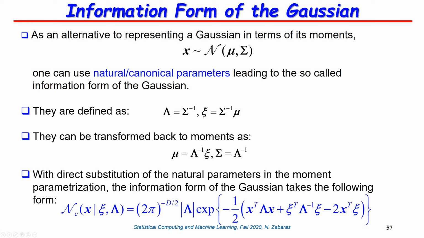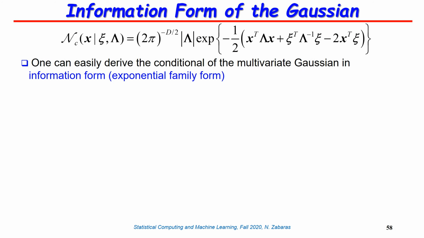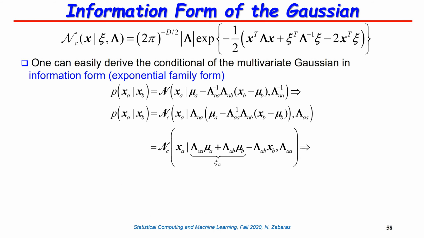Now, almost all of the results that I mentioned before, you can actually repeat them, and I wouldn't advise that you do that because the calculations may be very long, but in principle you can repeat those and write down the marginals of a Gaussian, the conditional, and all of these things in terms of these natural parameters. So I'm going to give you one result on the bottom of the slide for the conditional of x_a given x_b.